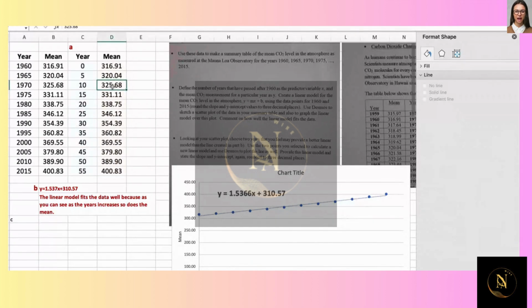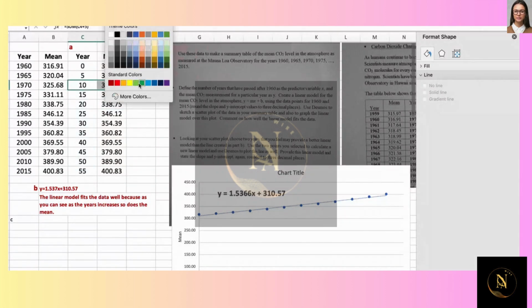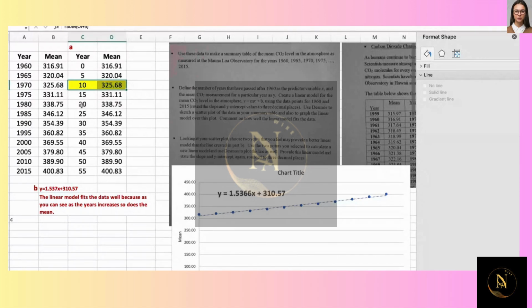the 3rd point and the 5th point. So I'm just going to highlight these: 10 in this one and 20 in this point.